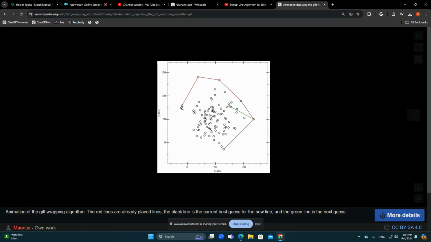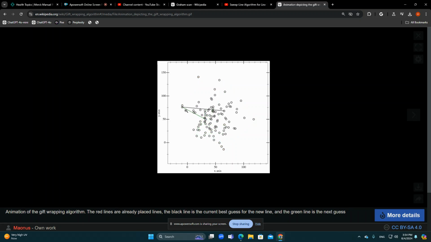So again, if you understood correctly, I try to create the lines that all the other points are to the right of. If we're looking at this segment, they are to the right. This segment, they are to the right. This segment, they are to the right of it. This segment and that segment, until I hit the point from which I started.